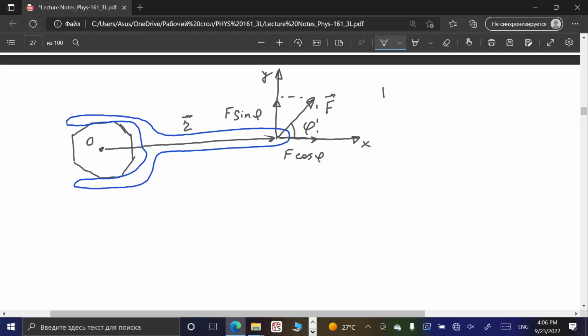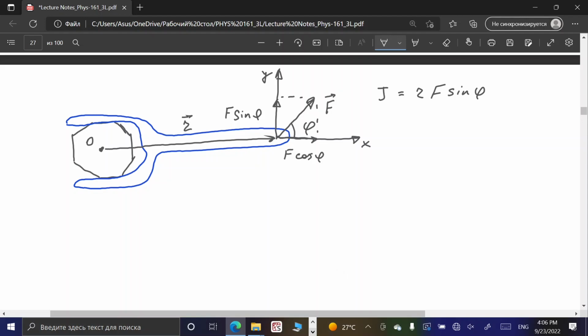So torque is defined as the product of the distance r between the axis of rotation and the point where force F is exerted, and the projection of the force on axis y, F times sine phi.